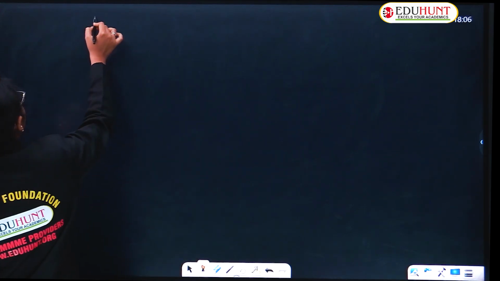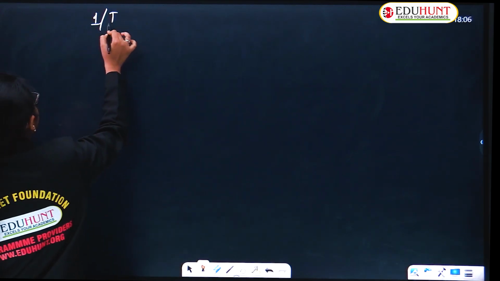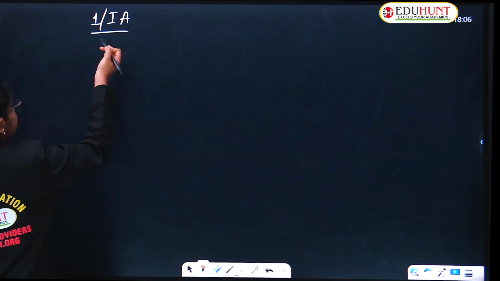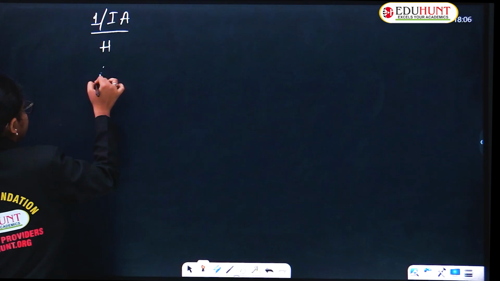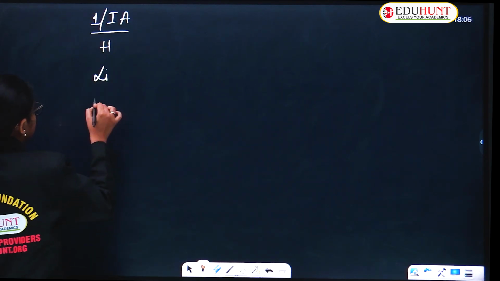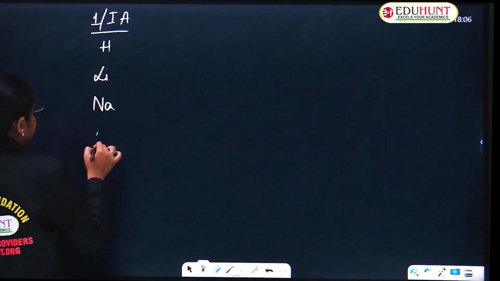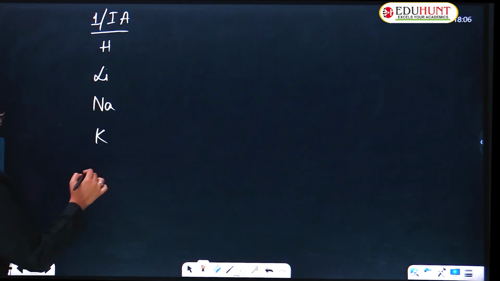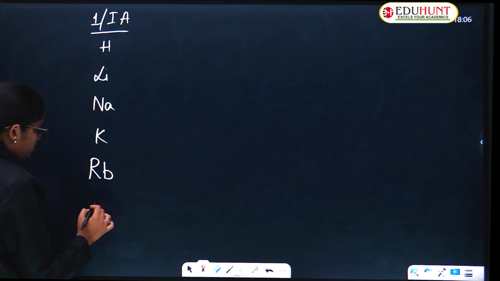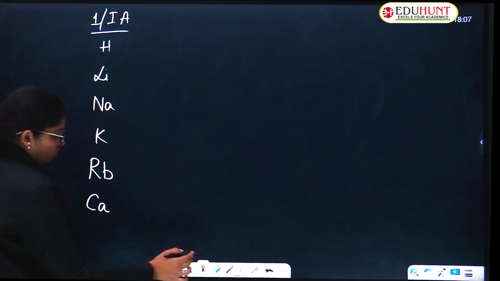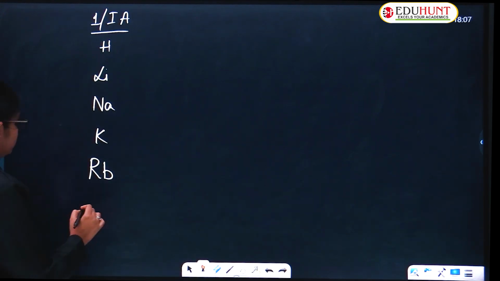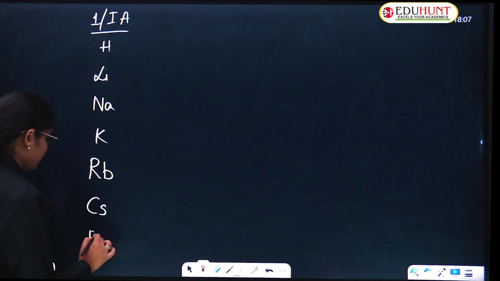Here it is group 1 or 1A. Those elements, the metals, are hydrogen H, lithium Li, sodium Na, potassium K. Clear? Did you understand? Rubidium Rb, cesium Cs, and francium Fr.